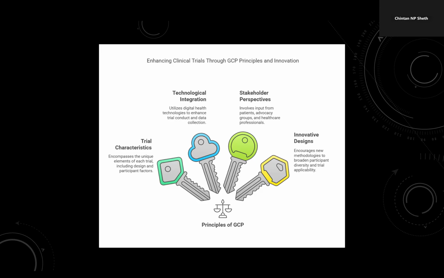Careful consideration of factors relevant to ensuring trial quality is needed for each clinical trial. The principles are intended to support efficient approaches to clinical trial design and conduct. For example, digital health technologies such as wearables and sensors may expand the possible approaches to clinical trials.